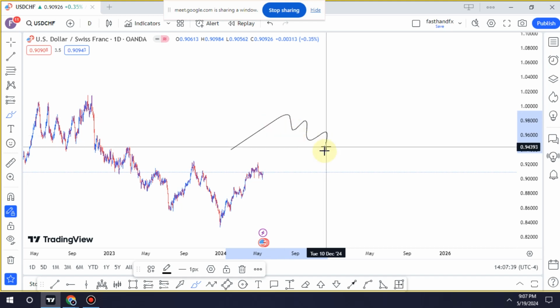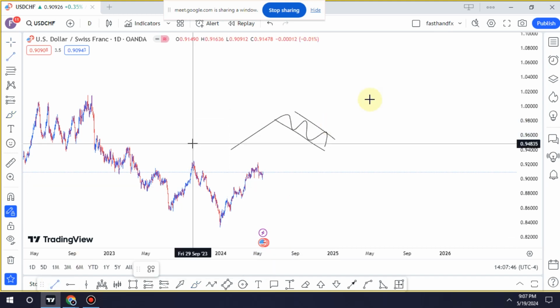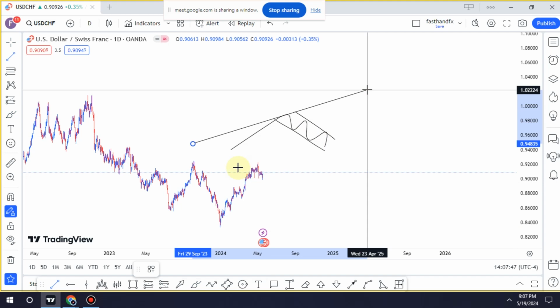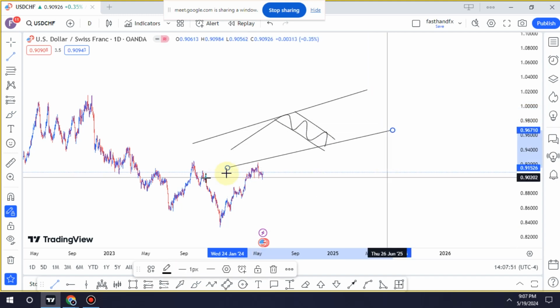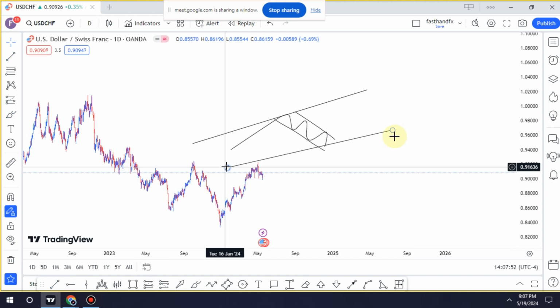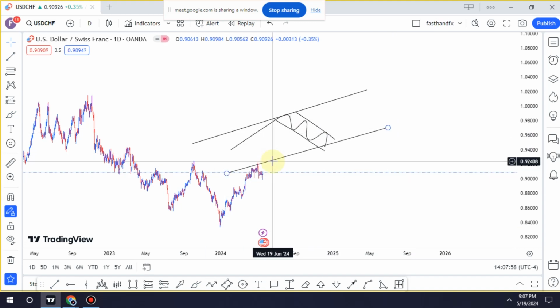Now this is a bullish flag. Remember, of course, you can add your trends, something like this and something like this. Now once you identify a trend, a continuation pattern just like this, then you go to the lower time frame. Of course, that is when you start looking for entry position.